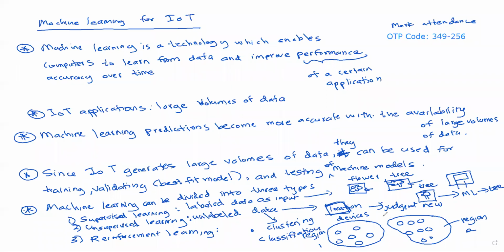So if we want to observe some kind of pattern shown by the data, and the data is showing some significant pattern, then we can identify it using the techniques of unsupervised learning. So that is also a technique that can be used for IoT applications.